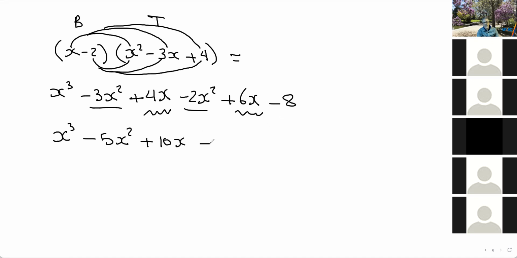And then we have the minus 8 at the end. Makes sense? It's just more terms, not numbers. This is term 1, term 2, and this binomial, term 1, term 2, term 3, and the other one.